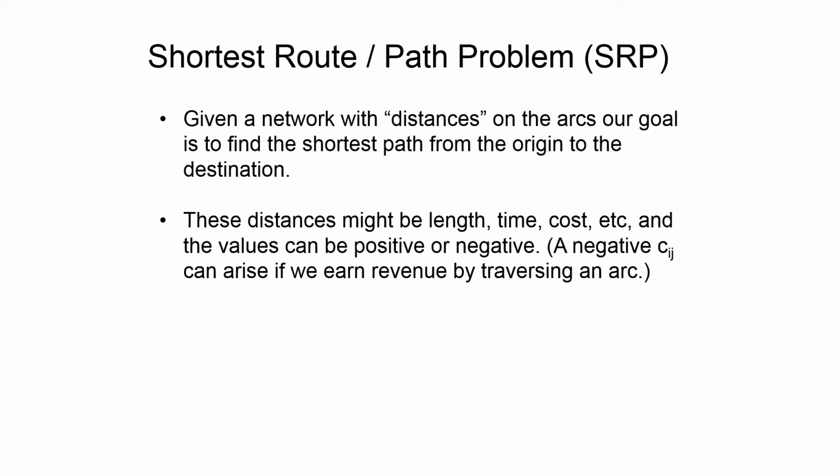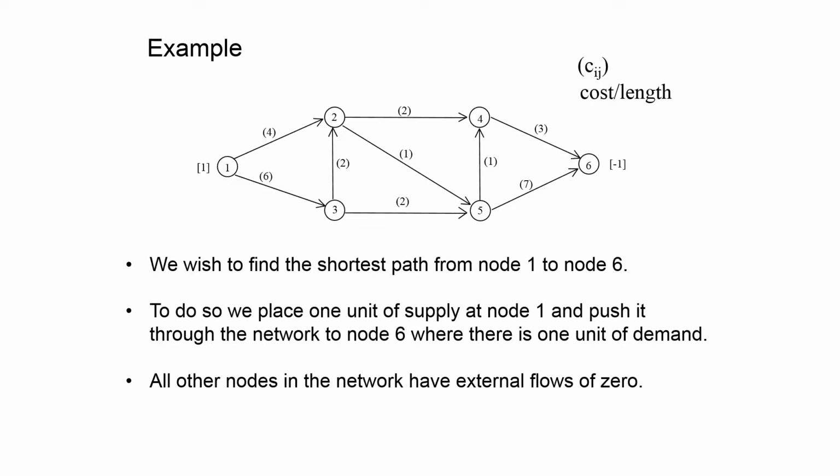You can imagine that you're going from city A to city B, passing through various other cities, but you want to take the shortest distance from city A to city B. Here's an example of the shortest route problem. Consider this 6-node network, and the problem is you need to get from node 1 to node 6 in the shortest possible way.